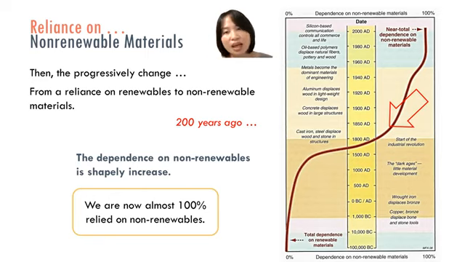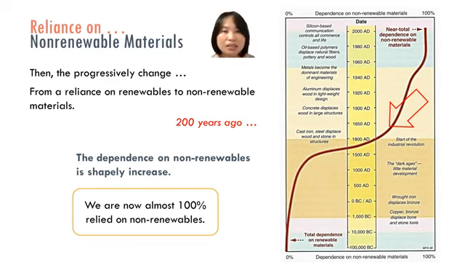Things started to change 500 years ago, around 1500 AD. Okay, we started to use more non-renewable material. You can see the change in the slope, the trend of the graph.